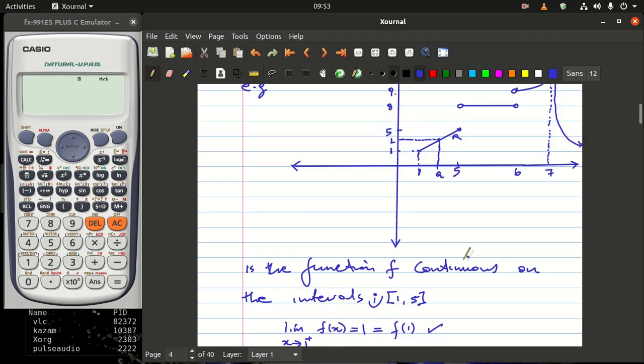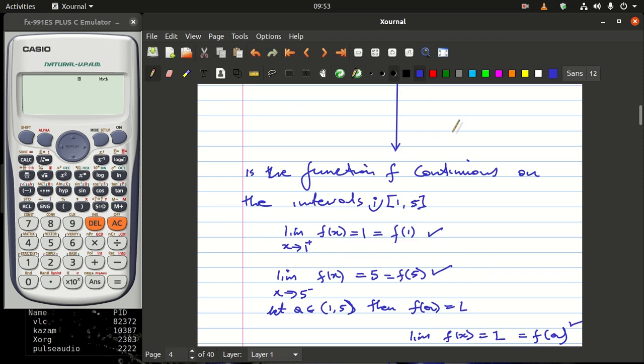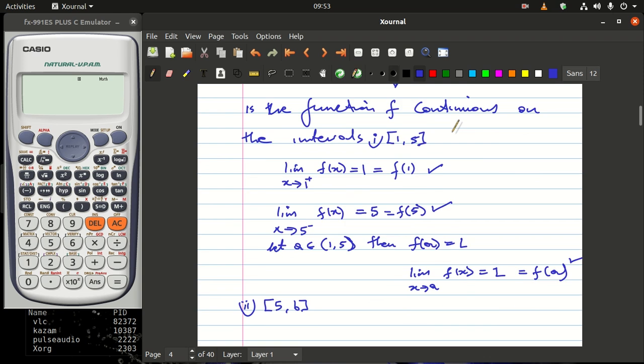Another way to look at this: when I'm drawing this function, I can continue to draw it from this point up to that point without lifting my hand. So in between these points, this function is just continuous. You get what I mean? So you can write it in this particular format.